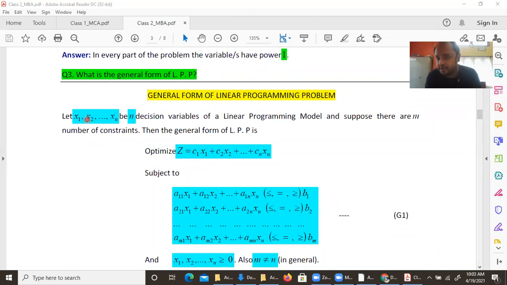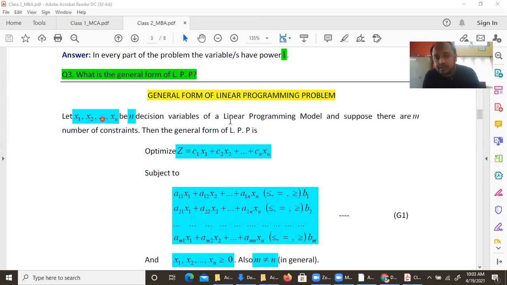These are the n variables of some linear programming model. In the above question, we considered 3 constraints: 1 man-hour constraint and 2 selling constraints.